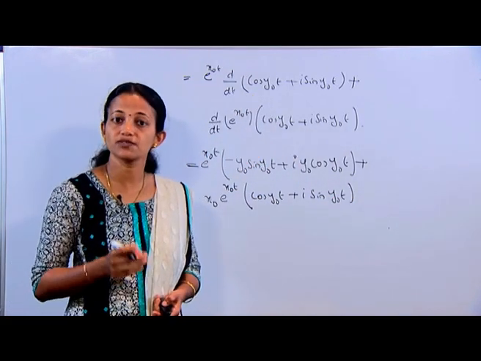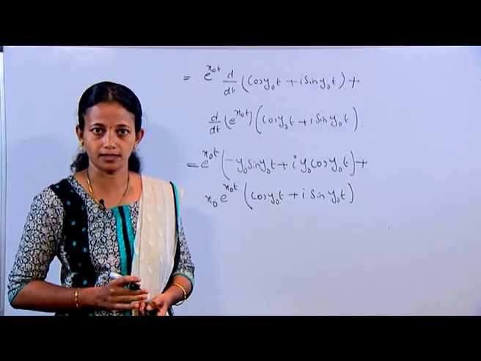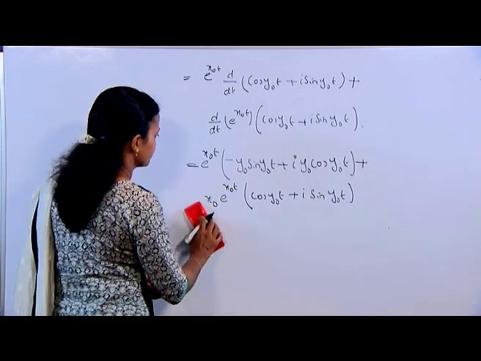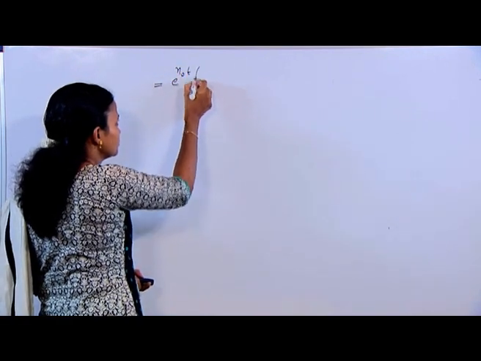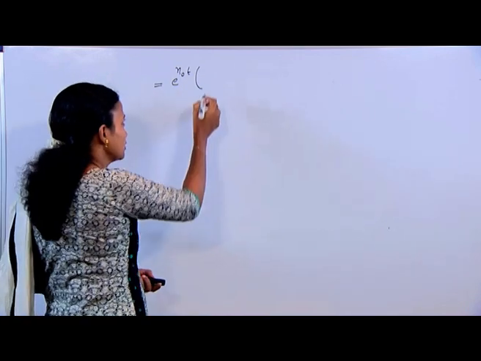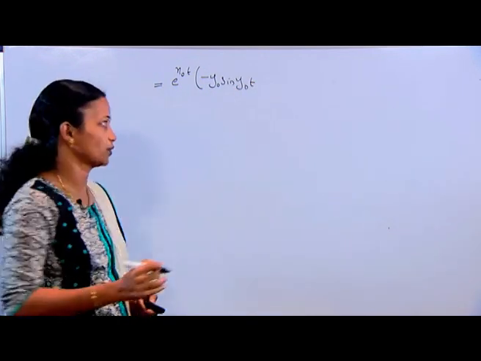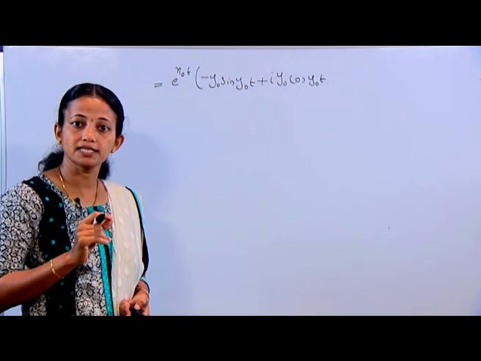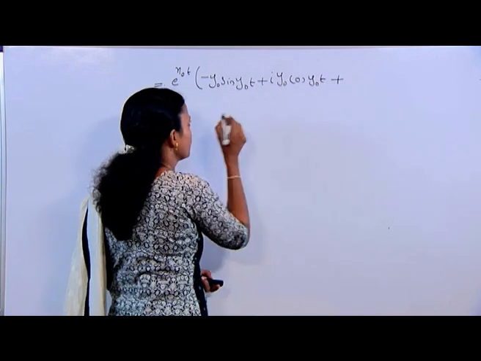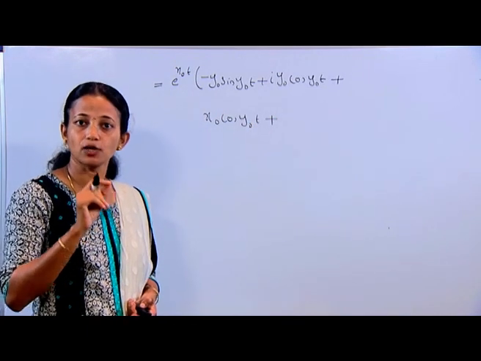Using definition 2, and since from real calculus we have d by dt of cos y0 t is equal to minus y0 sin y0 t and so on, I can write this as e raised to x0 t into minus y0 sin y0 t plus i y0 cos y0 t plus x0 cos y0 t plus i into x0 sin y0 t.